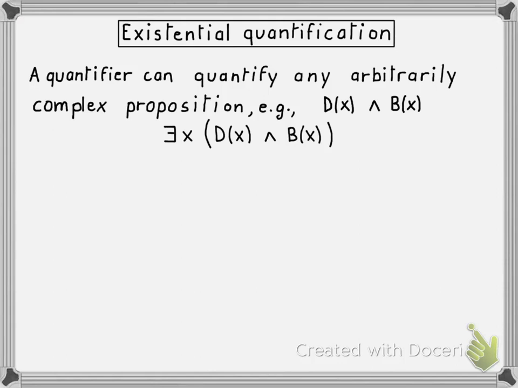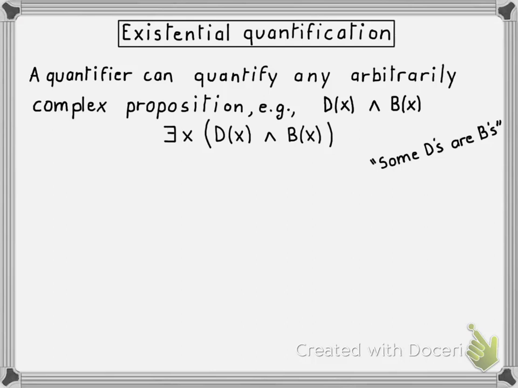So a nicer way to say this in English is some dogs are black. And in general, every time you have an expression of the form there exists x, D of x and B of x, a standard way to express that in English is to say some D's are B's, where D and B are the predicates or the verb phrases in the sentence.